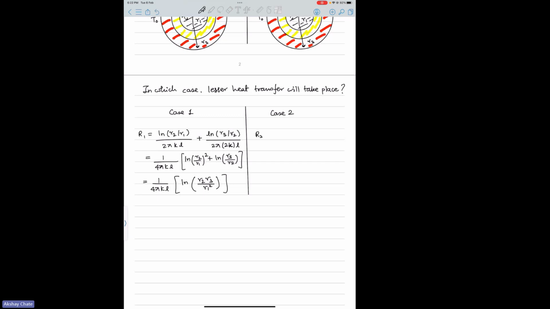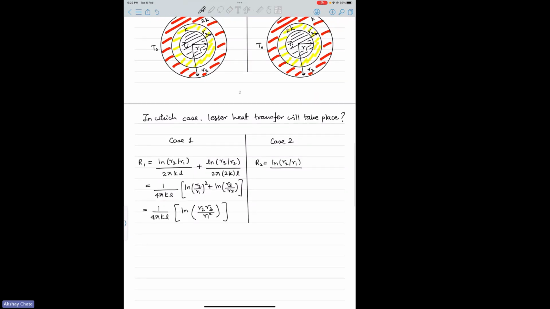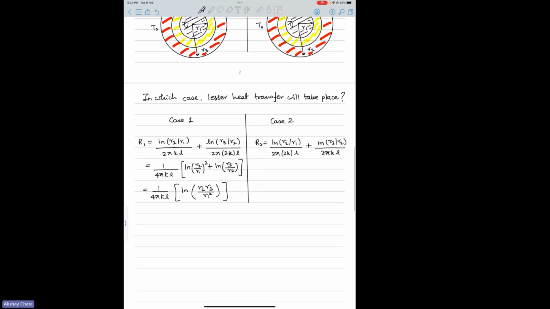Similarly here, it will be ln R2 by R1, but here the 2k conductivity material is inside, so we will have 2 pi into 2k into L, plus ln R3 by R2 divided by 2 pi k L. So it will be a little different.